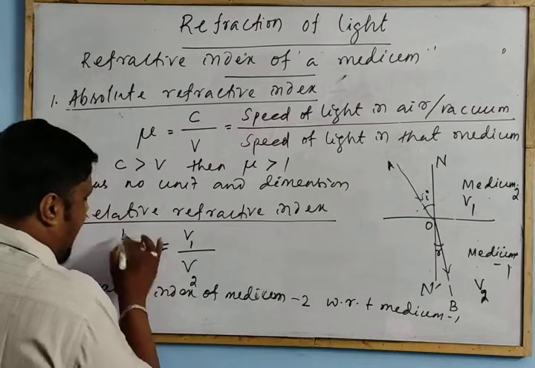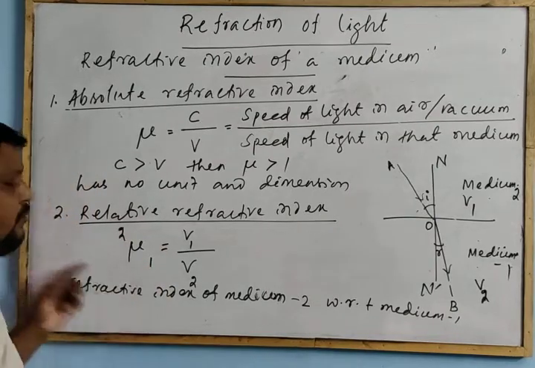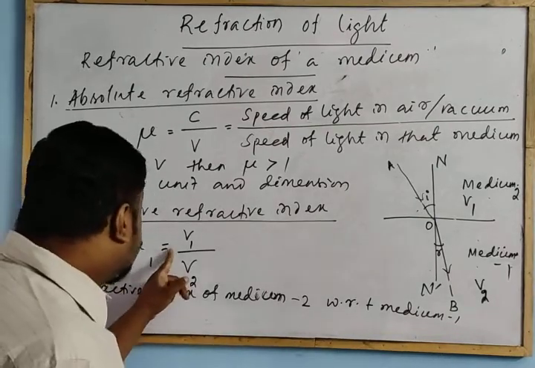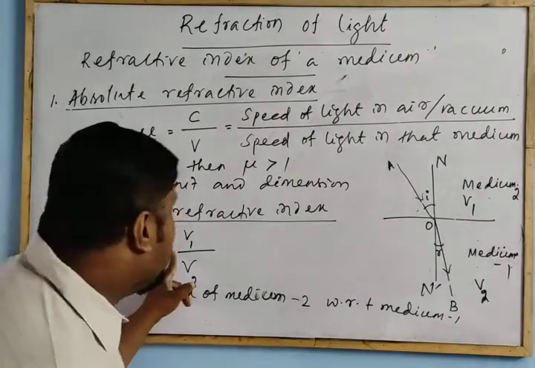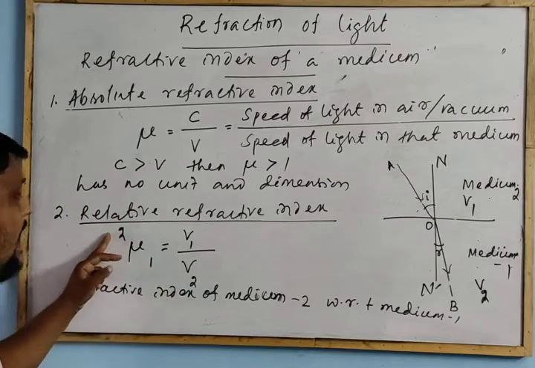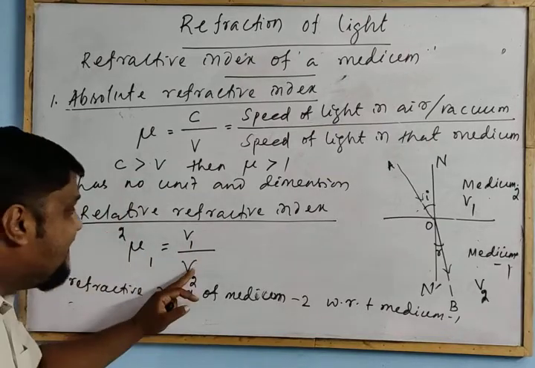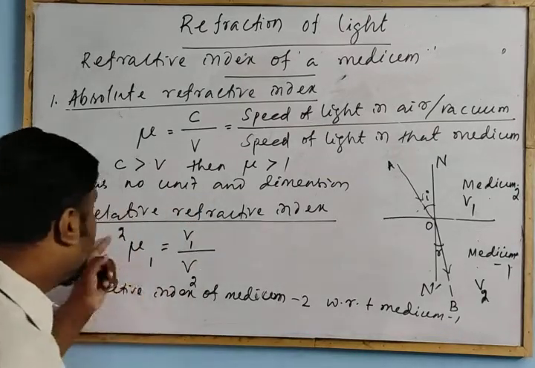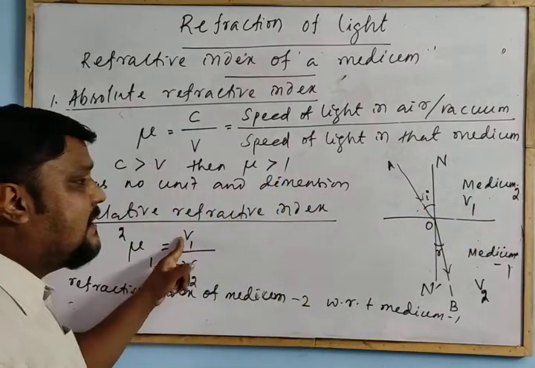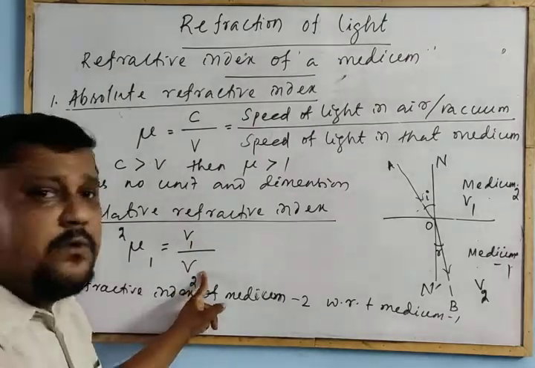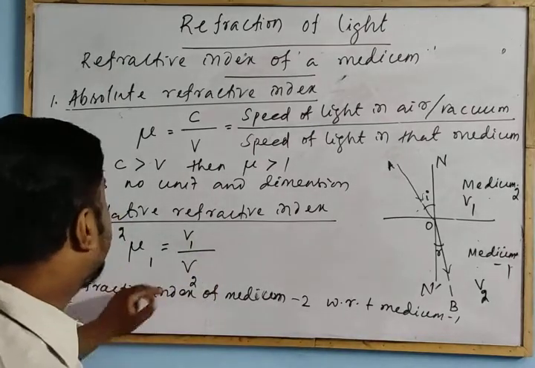Refractive index of medium 1, from where does it come? Medium 2 is equal to the speed in which medium? The speed of light in which medium? When 2 to 1, we have v1 by v2. So v1 by v2. But we will write like this.